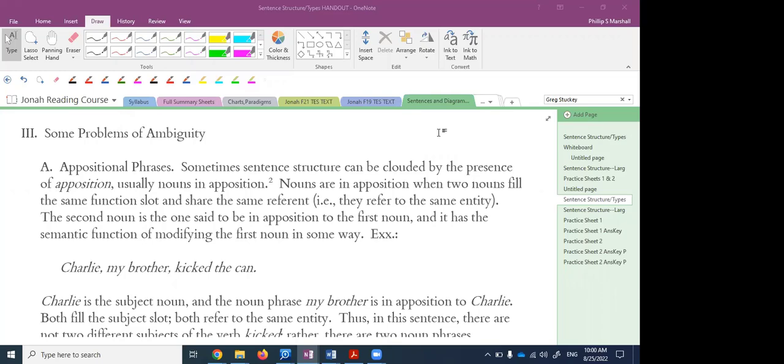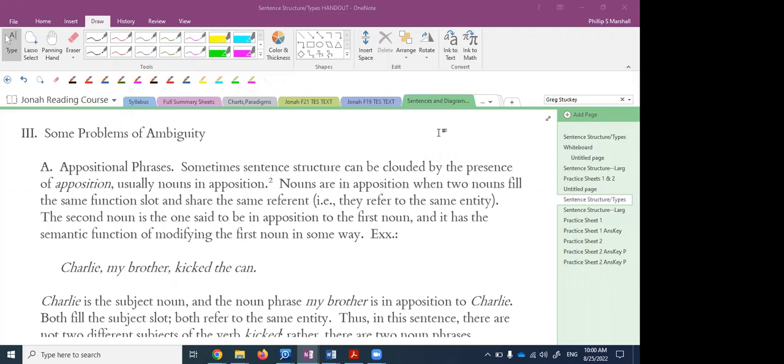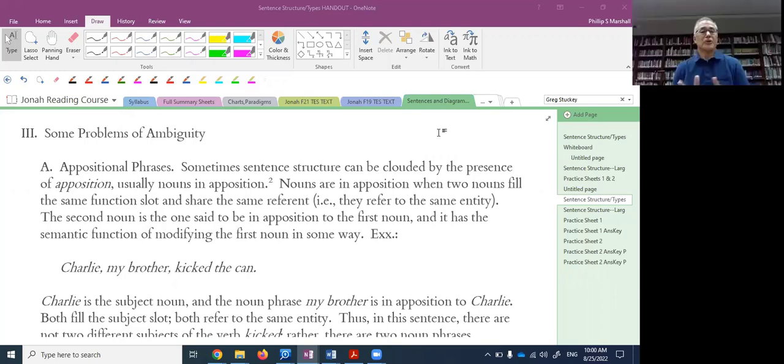What is apposition? Apposition happens when you have two nouns that are side by side, so they're juxtaposed one right next to the other, and the first noun is filling the function slot in the sentence, and then the second noun is an adjunct. It's being added and is going to refer to the first noun, the one that it's right next to.